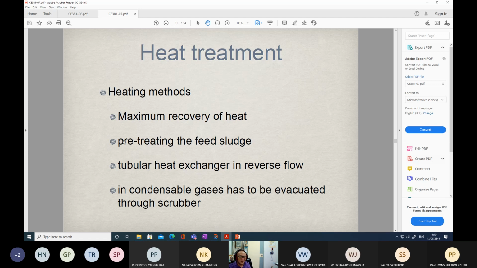Here we are talking about the heating methods. Normally we can use the tubular heat exchanger or the condensable gases, which can promote the heat transfer between the source of the heat and the liquid.